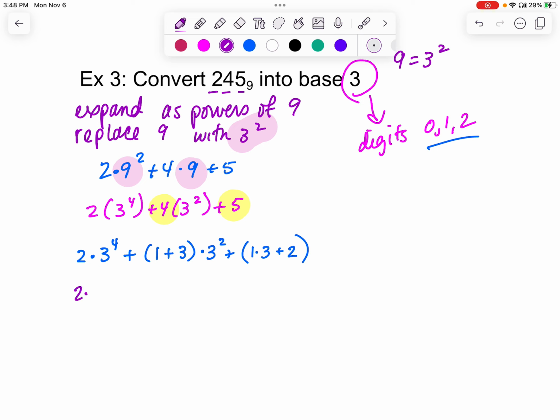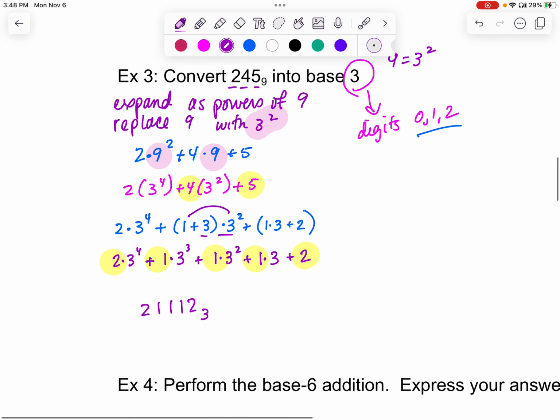I currently have 2 times 3 to the 4th plus this 3 and 3 squared make 1 times 3 cubed. And then when I distribute that, I just have 1 times 3 squared. And then right here I have 1 times 3 and then plus 2. And so those lead numbers give me all of my numbers for my base 3. So I have 2, 1, 1, 1, 2, base 3.